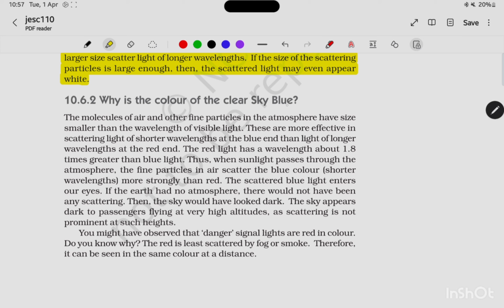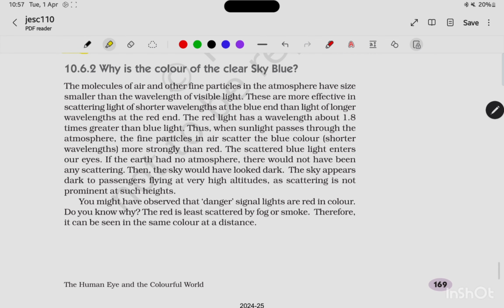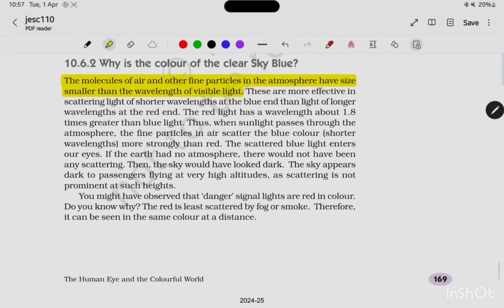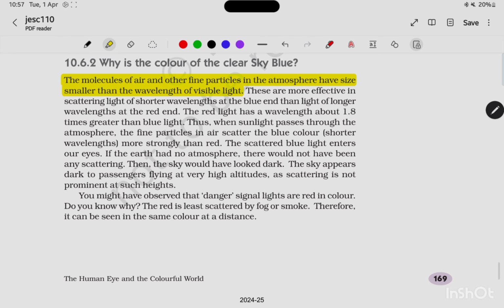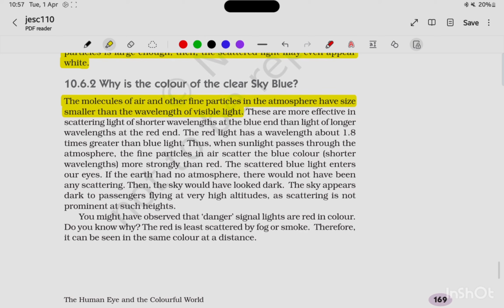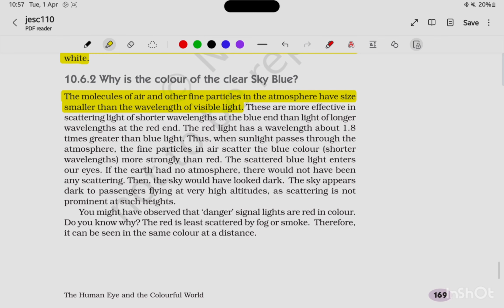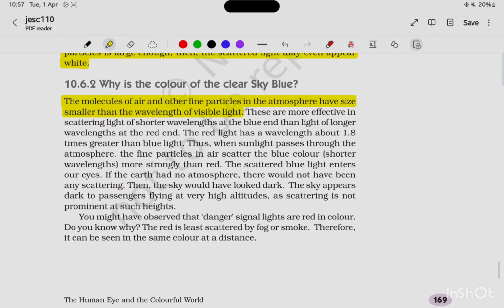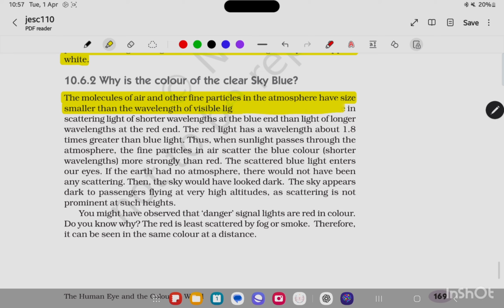Why is the color of clear sky blue? The molecules of air and other finer particles in the atmosphere have sizes smaller than the wavelength of visible light. These are more effective in scattering light of shorter wavelengths at the blue end rather than light of longer wavelengths at the red end.